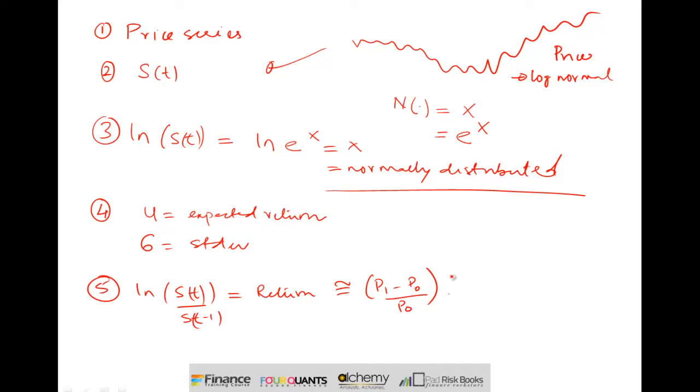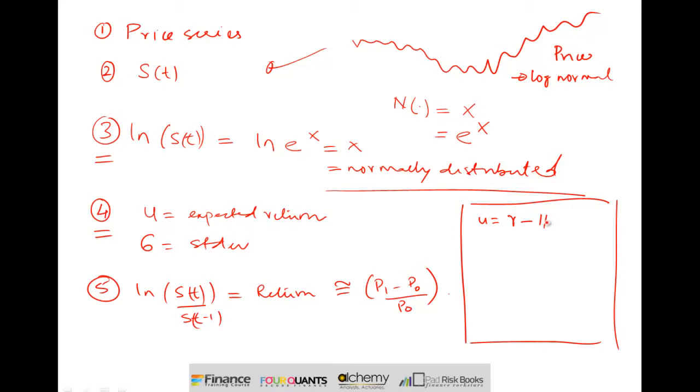Okay, and on a related note, when we make the adjustment that we've made in step 3 here, and we apply this adjustment to step 4 here, we find out that our expected return is r, which is the risk-free rate, minus half sigma squared. And this is something which is proportionate to time.